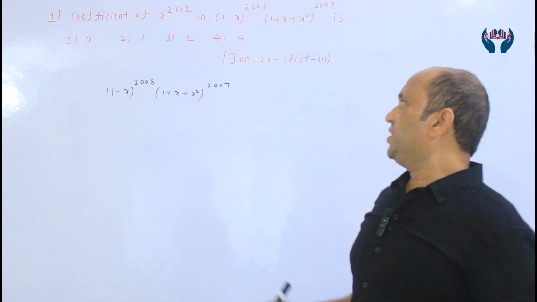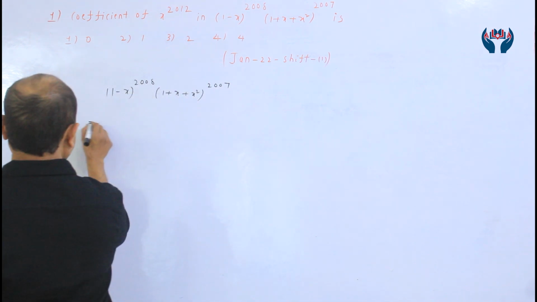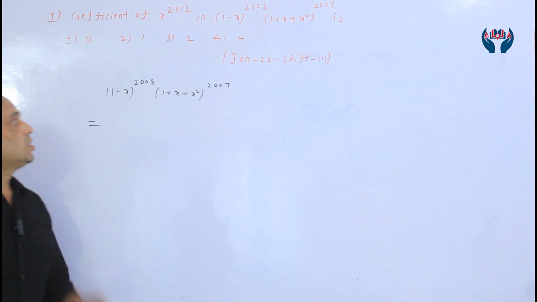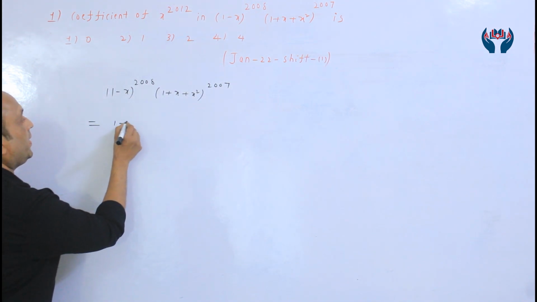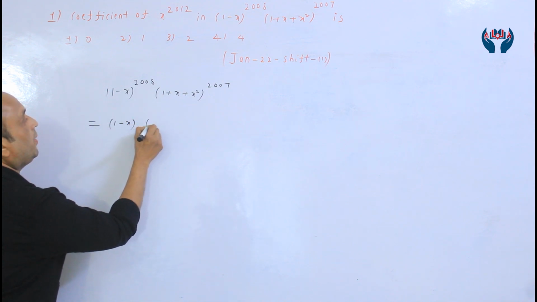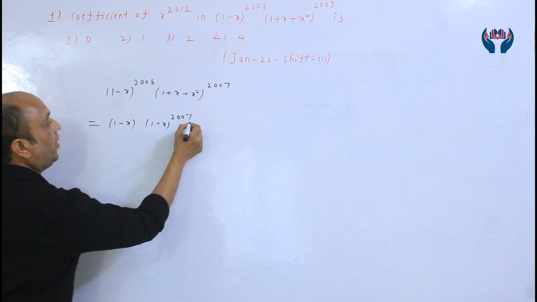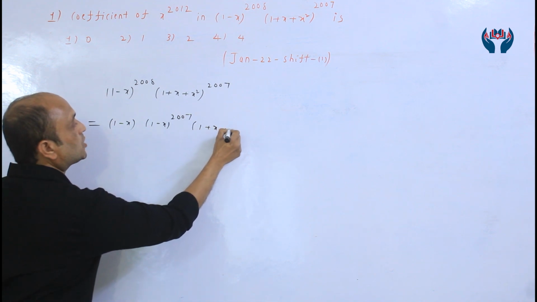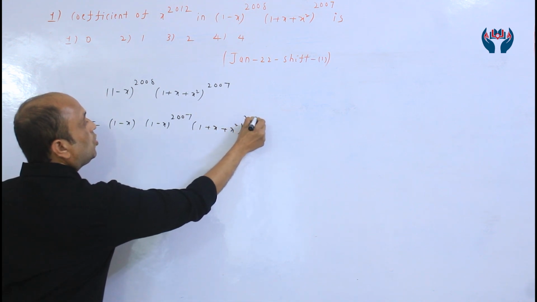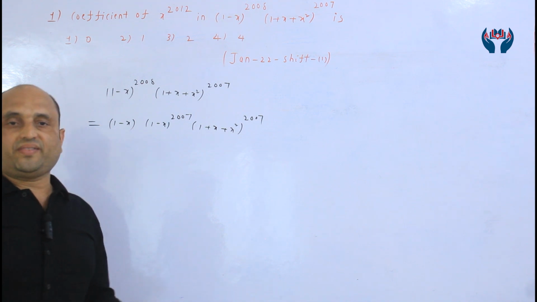So first of all, just equate the powers. 1 minus x into 1 minus x whole to the power of 2007 into 1 plus x square whole to the power of 2007.